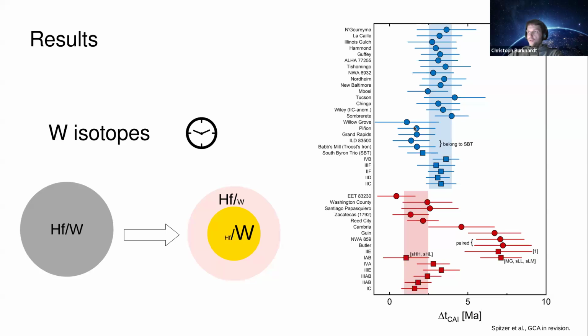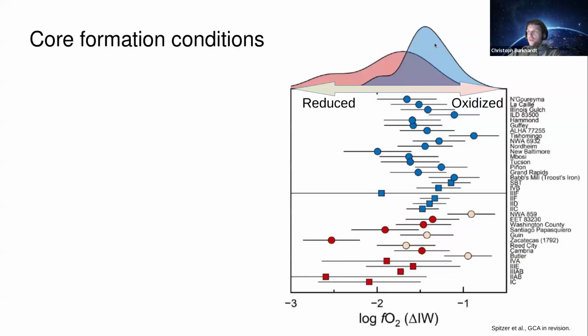And this more ice might also be apparent when we look at the core formation conditions, when we try to reconstruct the redox conditions under which these cores formed, then there's a lot of overlap. This is given in fO2 units relative to the iron-wüstite buffer.